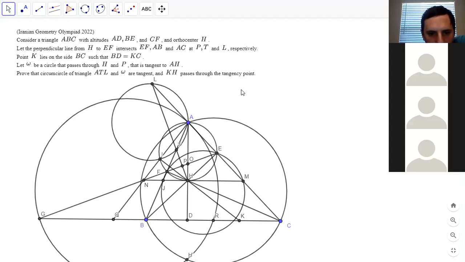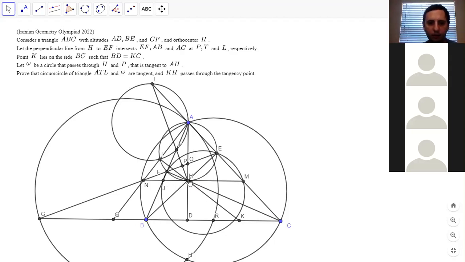So JF over JT equals ME over ML. Yes. Because yeah, that's like a pretty simple configuration, right?